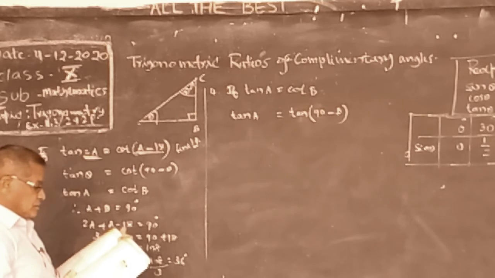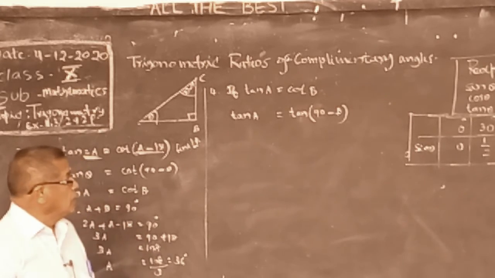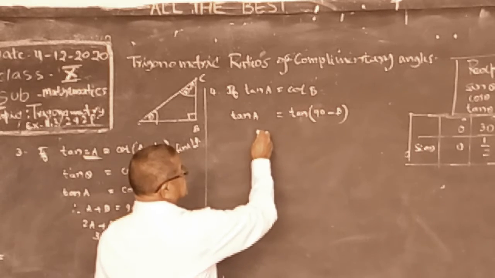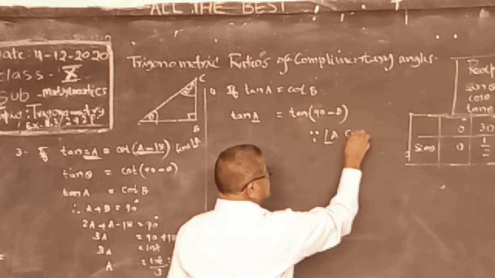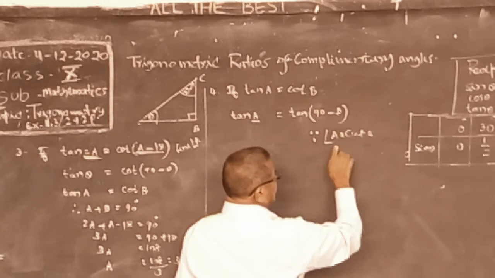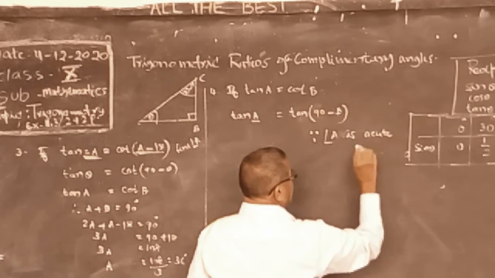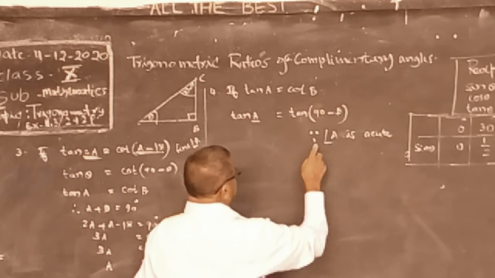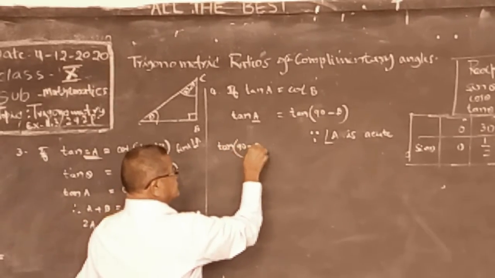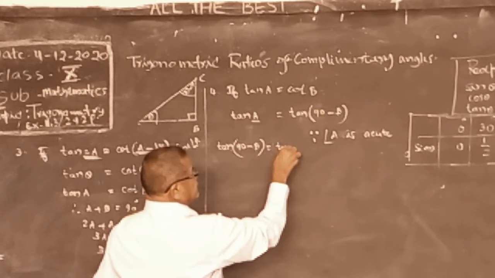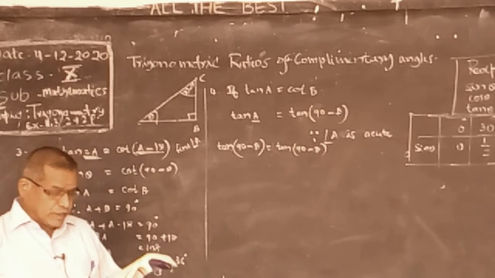Since angle A is an acute angle, and 90 minus B is also an acute angle, then tan A is equal to tan of 90 minus B. Both the angles are equal.